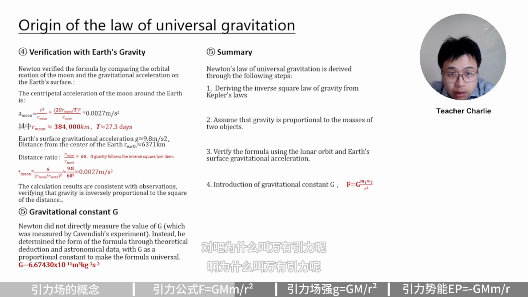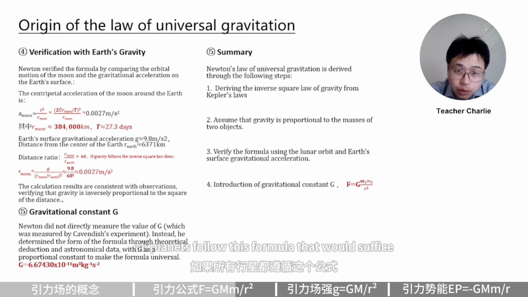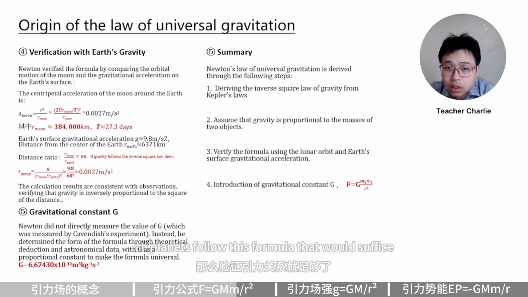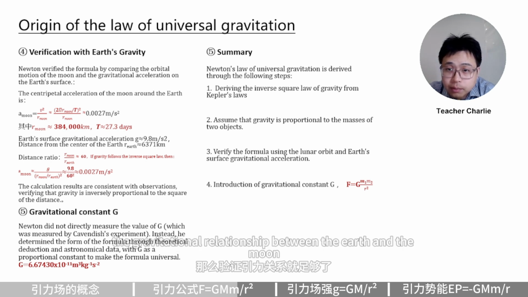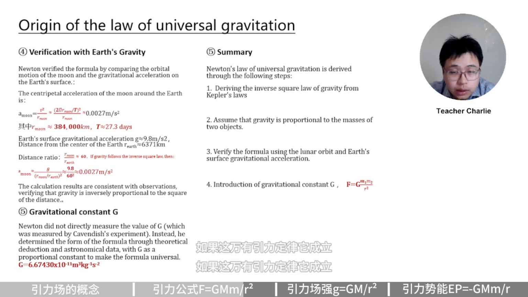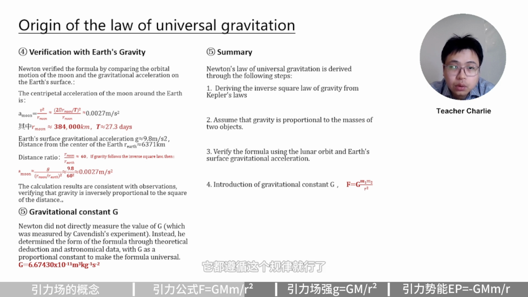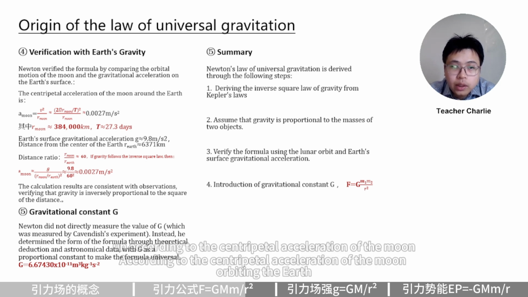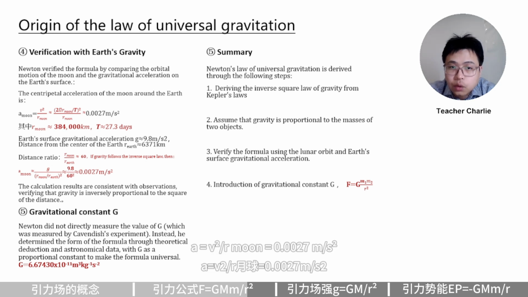If all planets follow this formula, that would be sufficient to verify the gravitational relationship between the Earth and the Moon. So Newton verified this by comparing the Moon's orbit with the gravitational acceleration at the Earth's surface. If the law of universal gravitation holds, then the Earth and the Moon should both follow it.